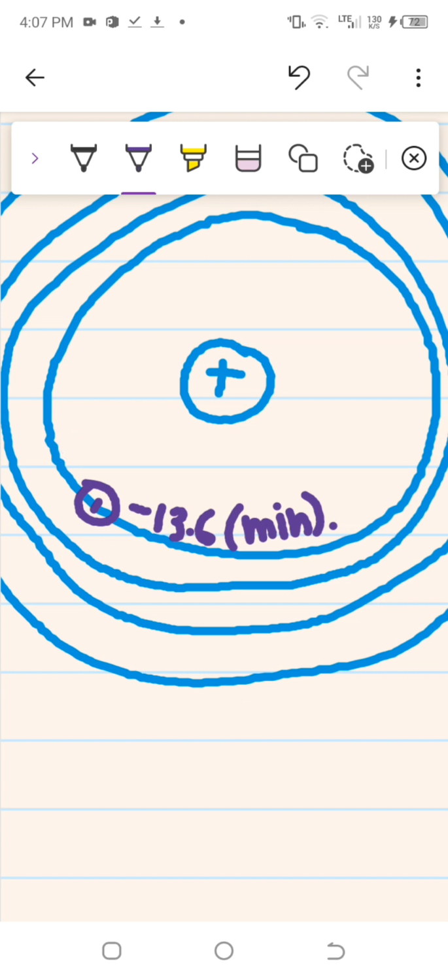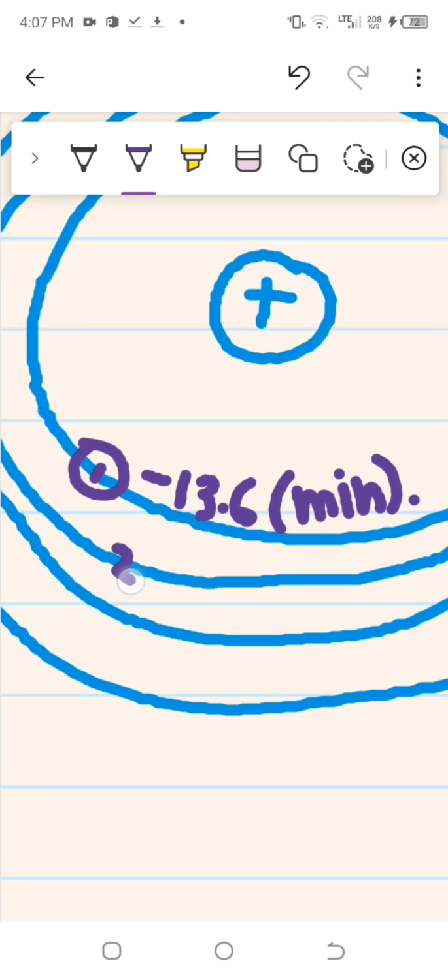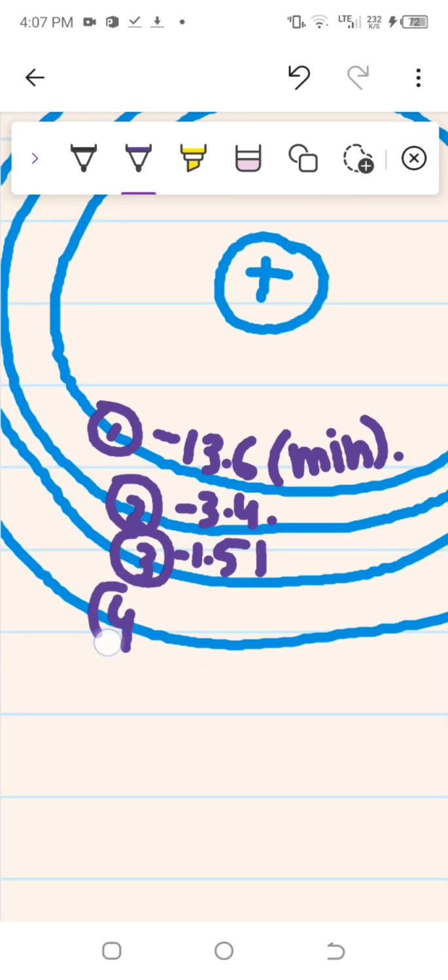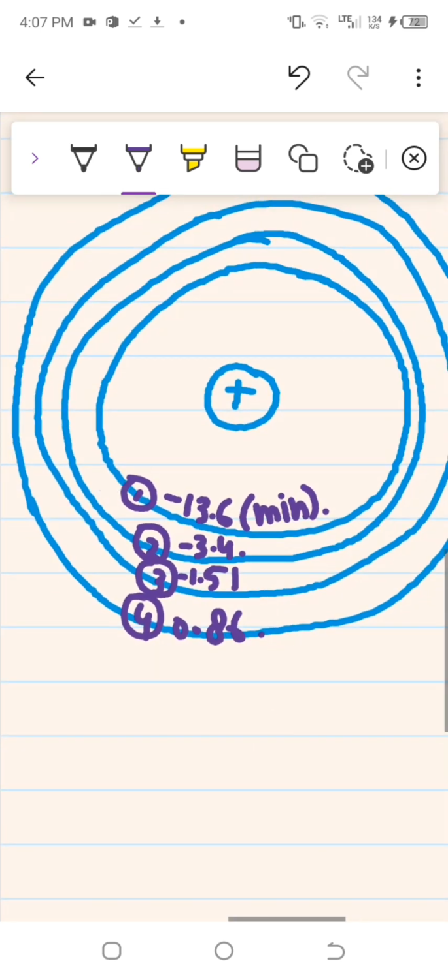And if I talk about the second shell, the second shell energy is minus 3.4. And the third shell energy is minus 1.51. And the fourth shell energy is minus 0.86. So you can see this is the increasing order.